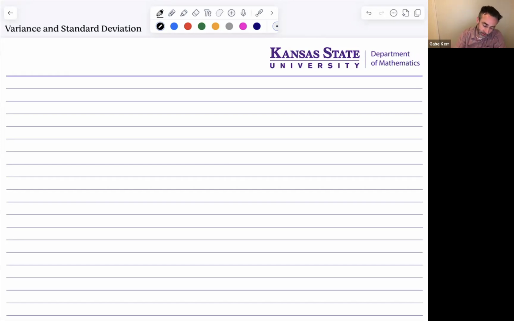The idea is we want to quantify, meaning assign a number to measure the spread of the data, or a data set. And what does that mean?